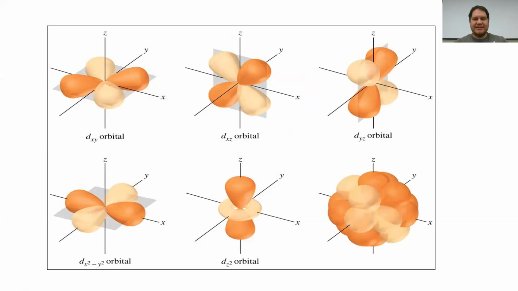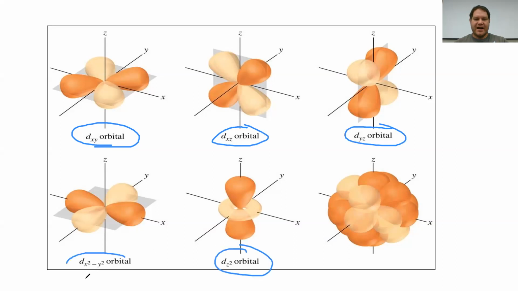And as depicted in your notes and in this diagram, there are going to be 5 of them. 1, 2, 3, 4, and 5, okay? All 5 of these d orbitals have exactly the same quantity of energy, okay? And each one of them can have 2 electrons in them, okay? Just like those p orbitals, d orbitals can only have 2 electrons in them, all right?